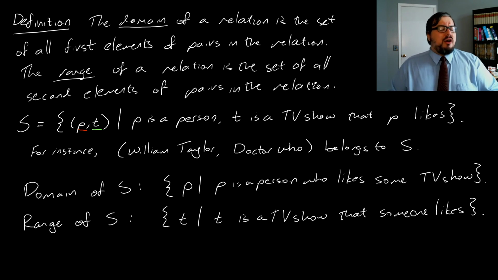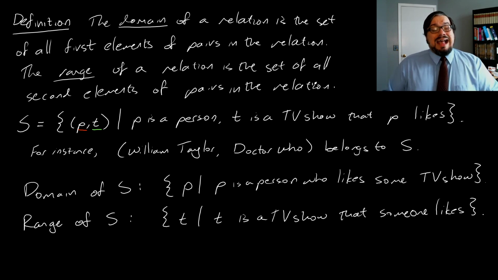And so there are situations where a relation might encompass every possible thing that it could for the range, but not necessarily for the domain, and vice versa. So we need to think carefully about these sorts of things.